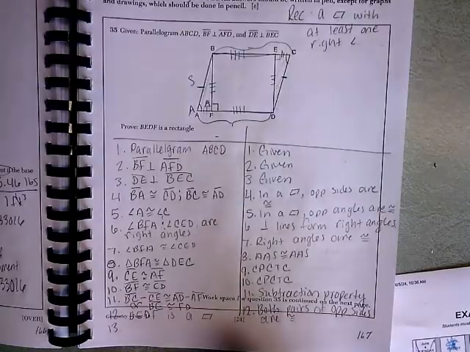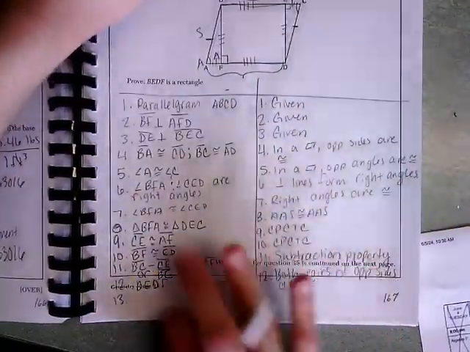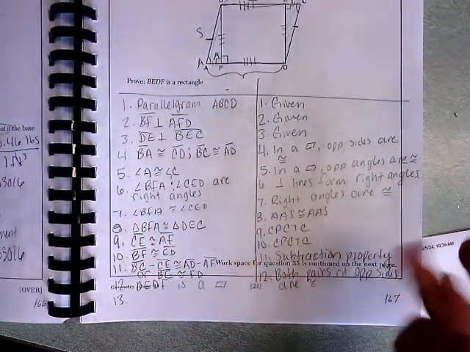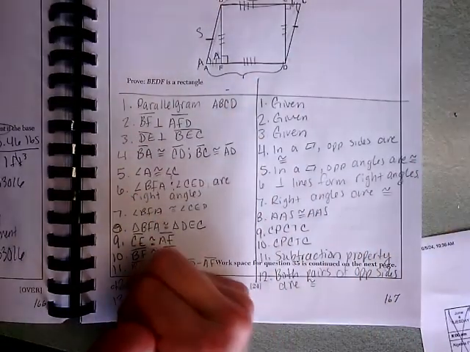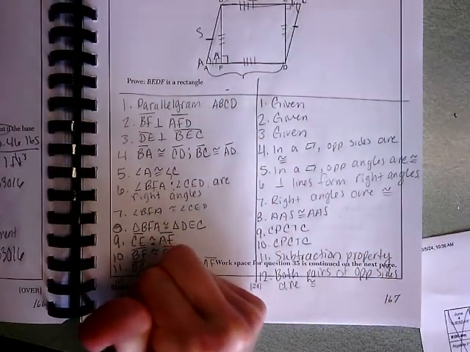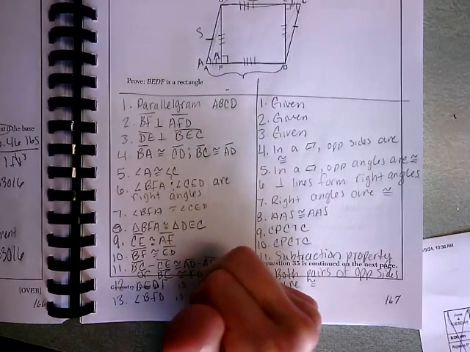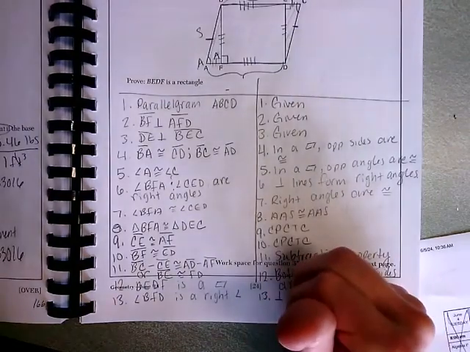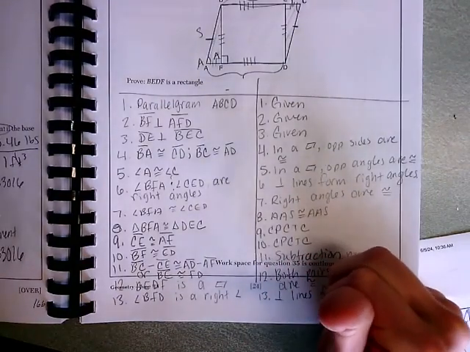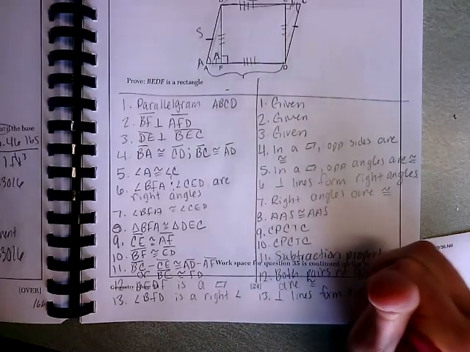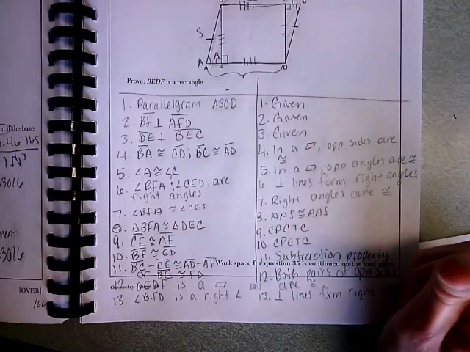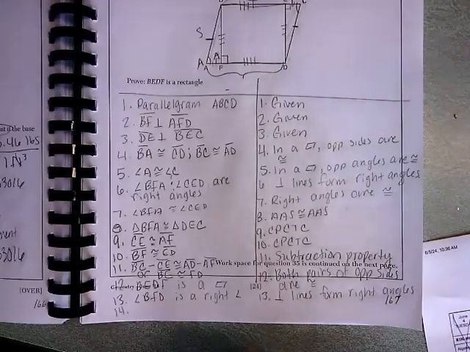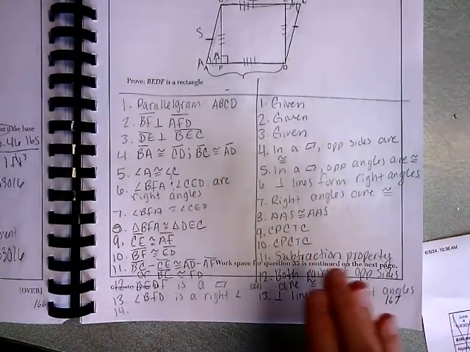Now I need to say that there's a right angle. I started to somewhere up in here, but I didn't want to get lost and forget about it. So now I'm going to say that angle BFD is a right angle because perpendicular lines form right angles. Okay, so now that I've said that, I have everything I need to say that this is a rectangle.